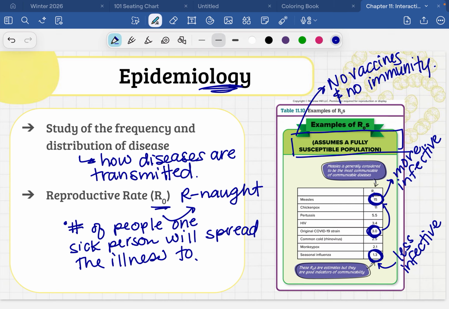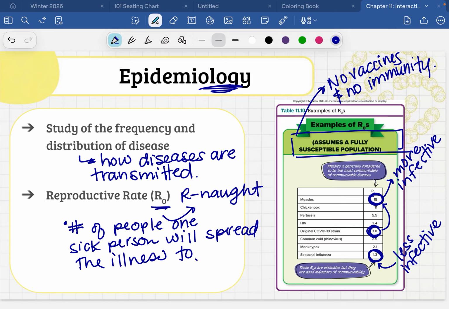Okay, so we're not going to talk about how we calculate reproductive rates. You don't even have to memorize these numbers. But what you do have to remember is that basic definition. So a reproductive rate of 15 means that on average, one sick person will get 15 other people sick, and that a higher reproductive rate means that it is more infective.